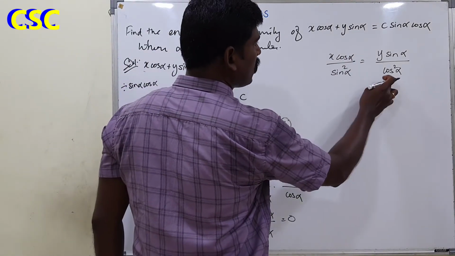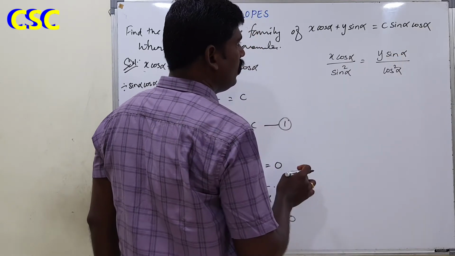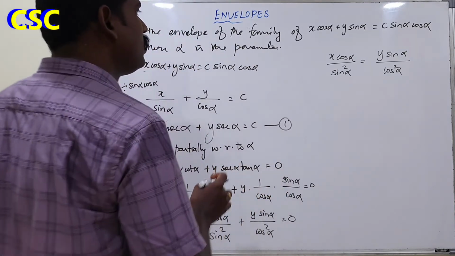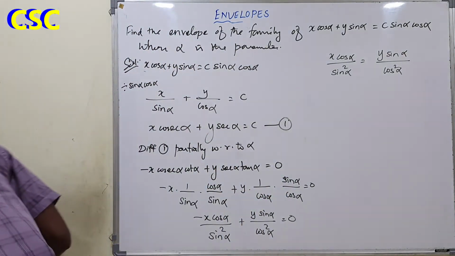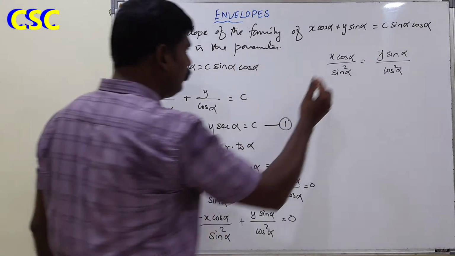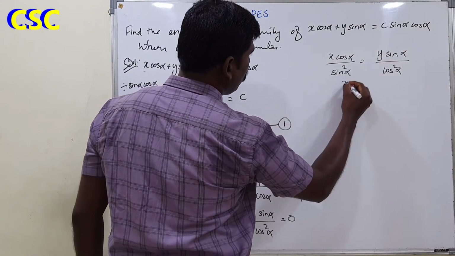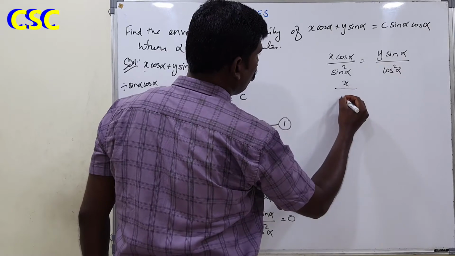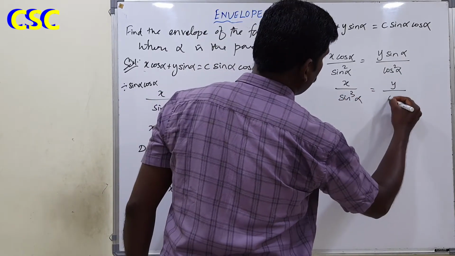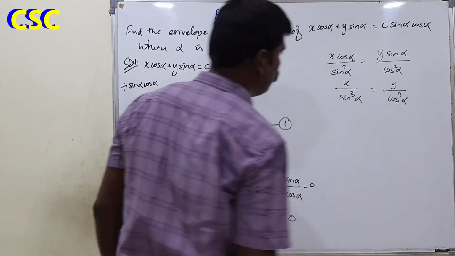Now taking this cos alpha to the left hand side and this sin alpha to the right hand side, right? So x by, taking the sin alpha to the left hand side, it becomes sin cube alpha equal to y by cos cube alpha. Right.